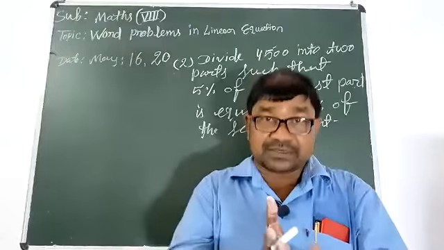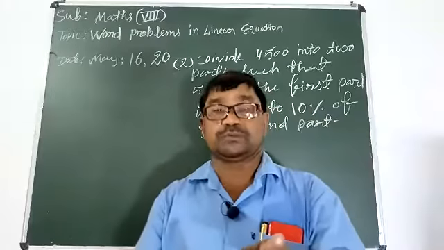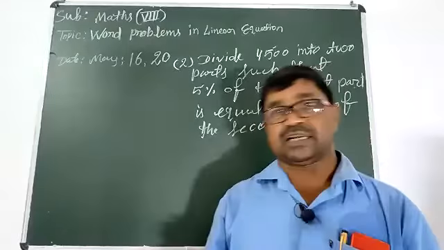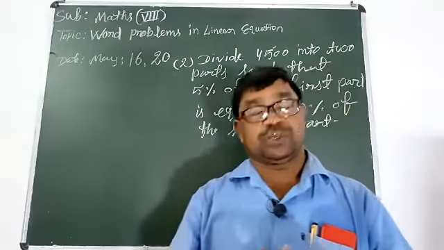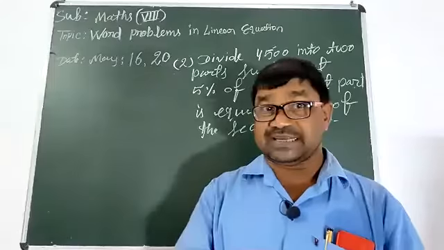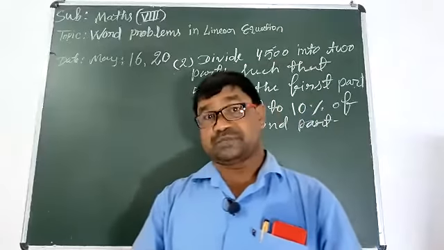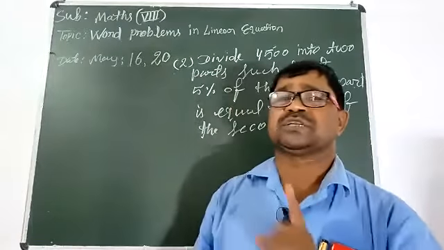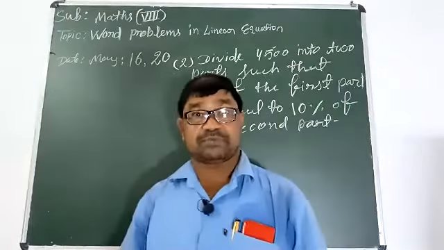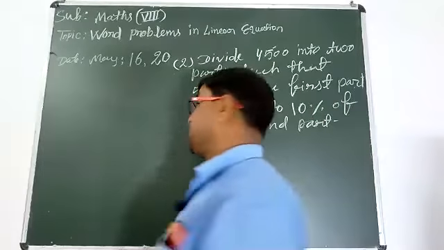The total sum is 4,500 and you want to divide it into two parts. The condition is 5% of the first part equal to 10% of the second part. Understanding?